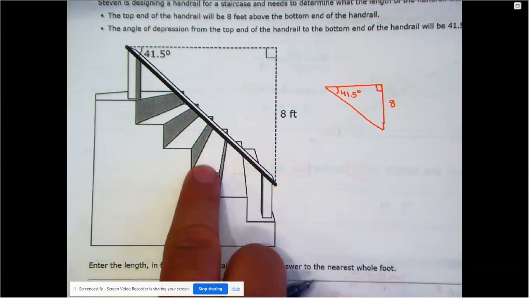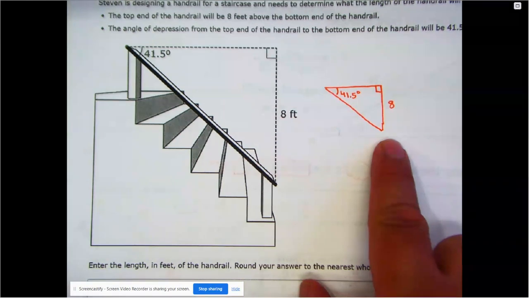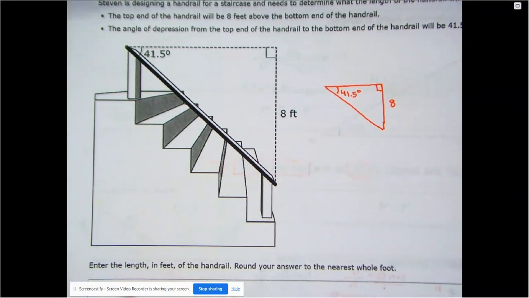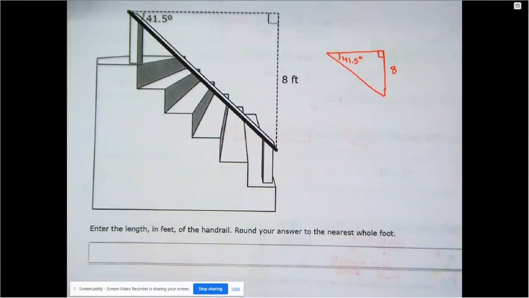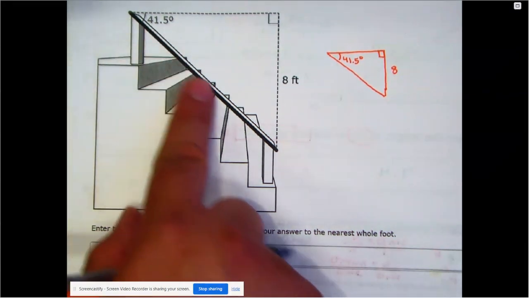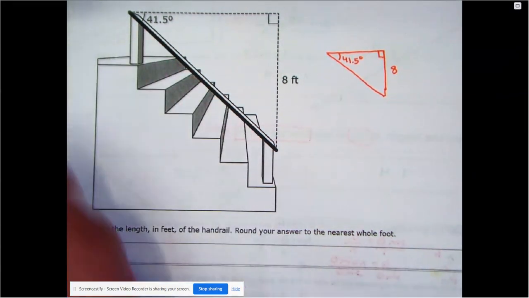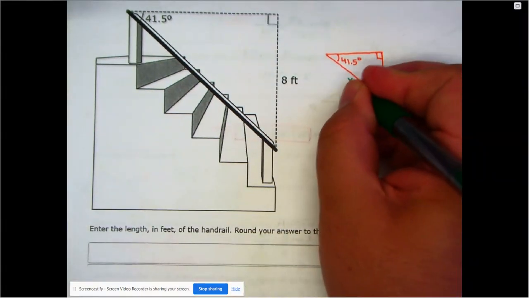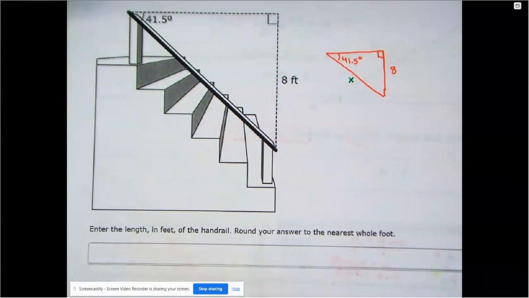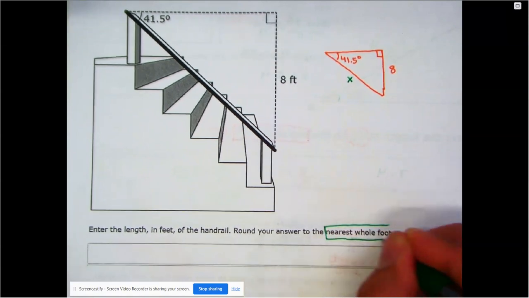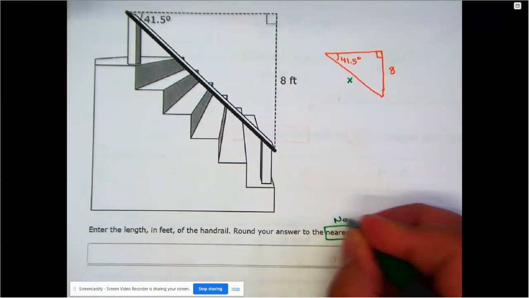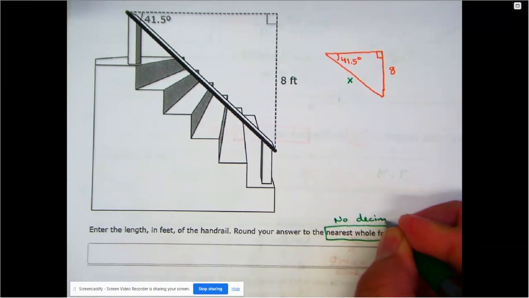That's everything I see here. Now I'm just going to look at a nice little picture. But if you look at the question itself, it says, enter the length of the handrail. Well, the handrail's right here. This is what you actually hang on to. So that means this is where the x goes. And they said round it to the nearest whole foot, so no decimal. That just means one thing.